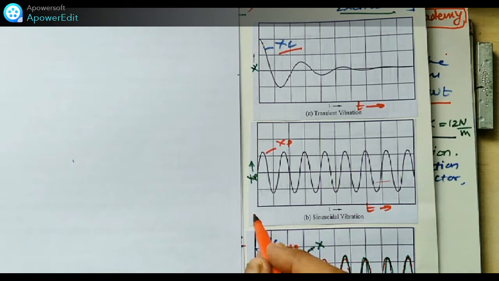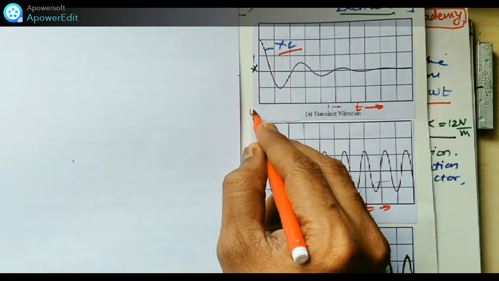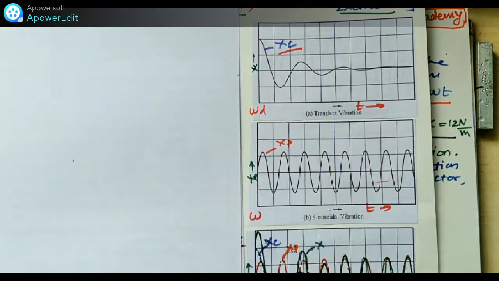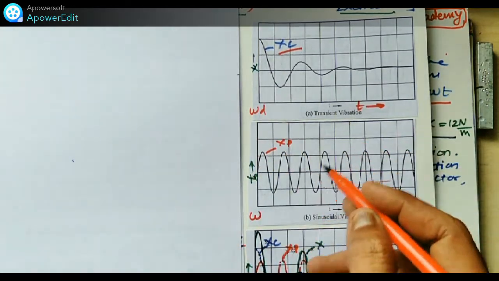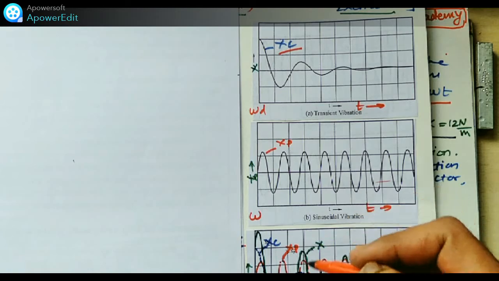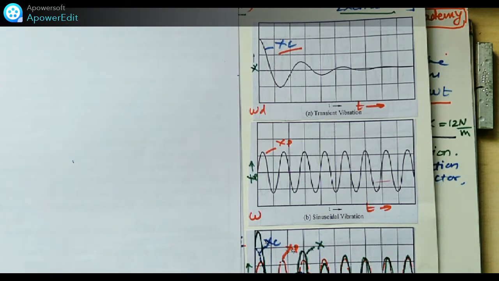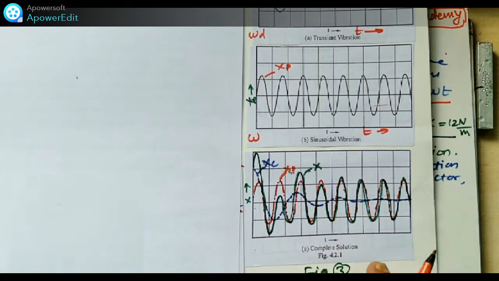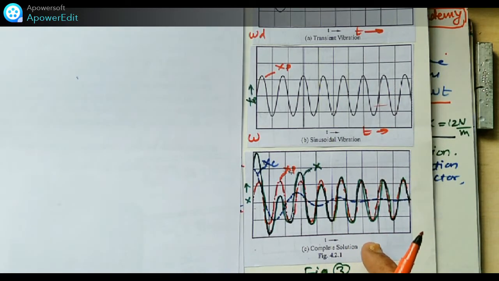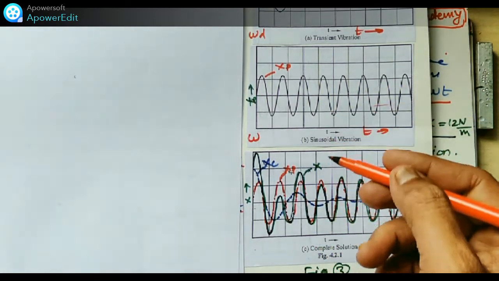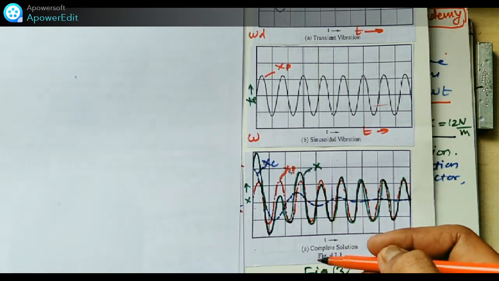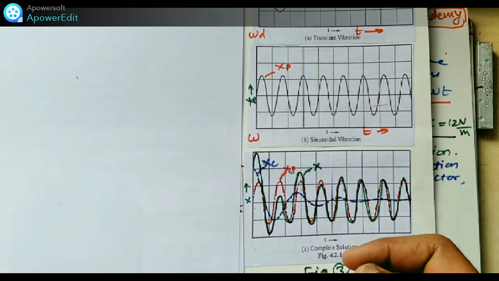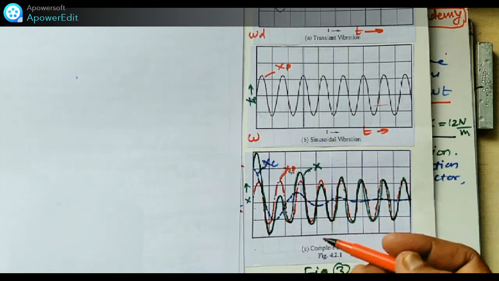So this is the difference between these two, and the addition of the two is the complete solution. Already we have studied that the complete solution is obtained by superposition of these two, the transient and steady state vibrations, and after the transient vibration dies out, the complete solution consists of steady state vibration only.